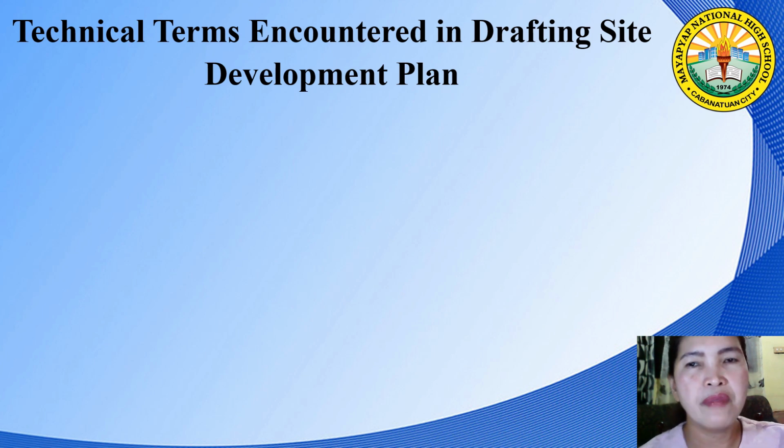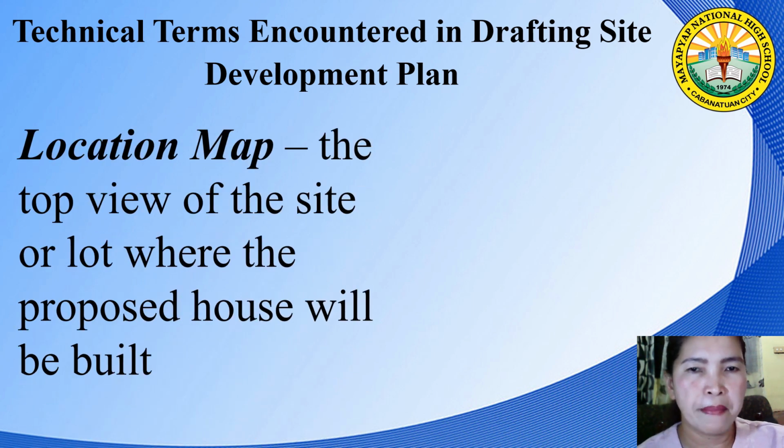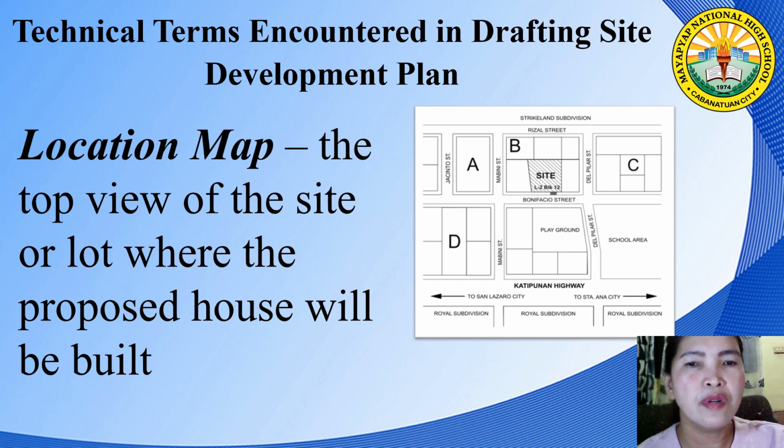Before we proceed to our lesson, let's have some unlocking of difficulties. Let us first discuss the different technical terms encountered in drafting site development plan. First is the location map, the top view of the site or lot where the proposed house will be built.